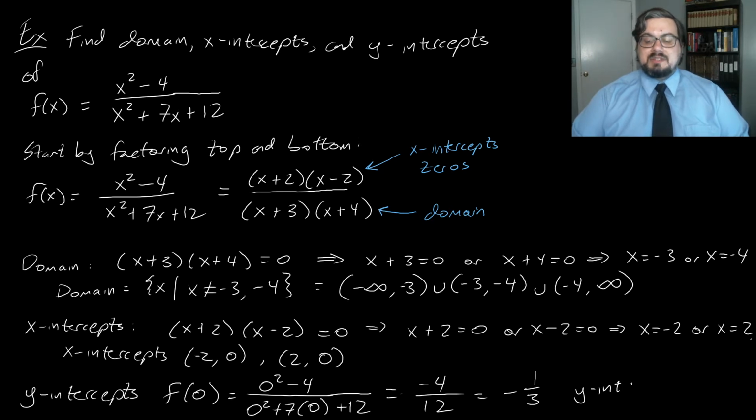So that tells us that the y-intercept of this function is at 0, negative 1/3. We'll refer back to this data a little bit later when we go to graph this, once we've looked at some of the other things that we can figure out about the graph based on the function.